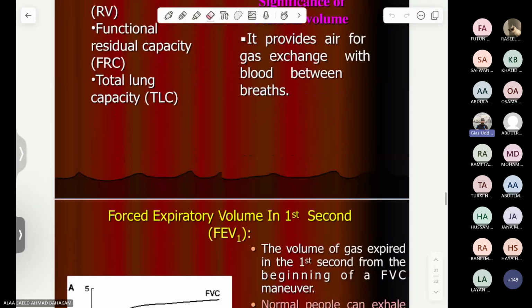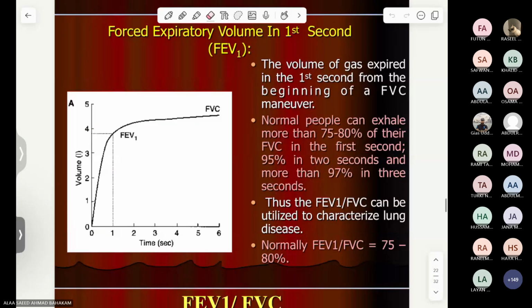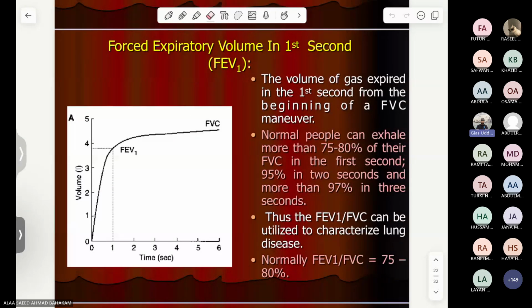Okay. Next one. You see, forced expiratory volume in one second, or in the first second, is called the FEV1. Like in today's case number 3, you heard about this thing, right? FEV1 and FVC. So pay attention very carefully.